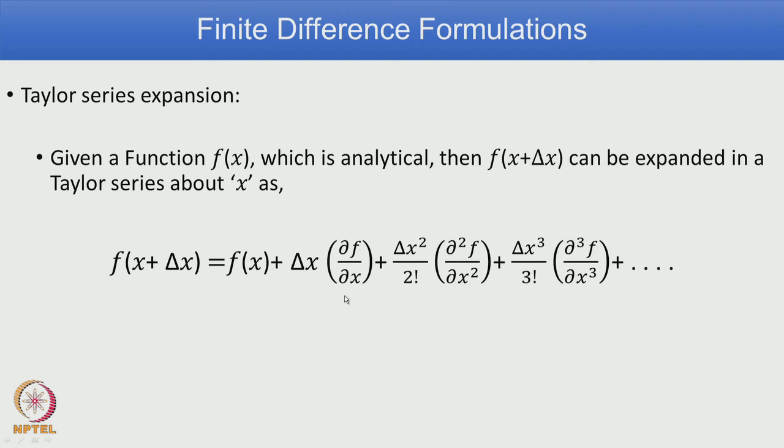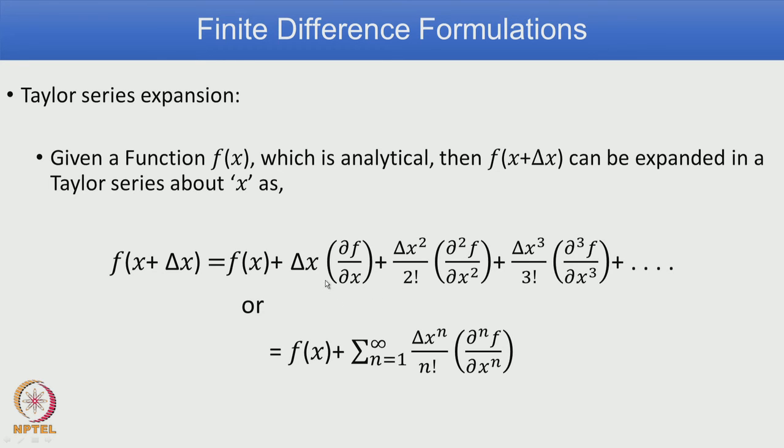Now, you can also recognize that this follows some sequence, hence it can be rewritten in this form as f of x plus summation n going from 1 to infinity delta x to the power of n by n factorial dou n f by dou x n. So, we can cross check by substituting values for n in this and see whether you can recover the expanded form of that equation.